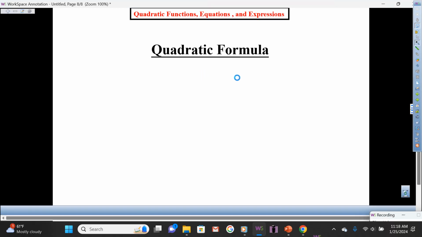Write the quadratic formula without looking at your notes. Try to write it without looking at your notes.